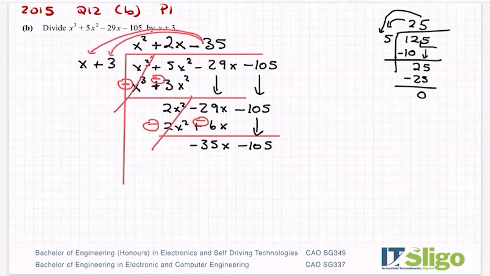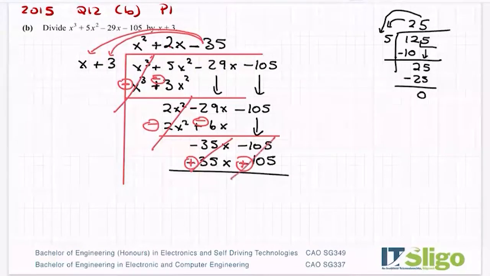So minus 35 by x is minus 35x. Minus by plus is a minus. 3 times 35 is indeed 105. So change the sign, and you'll get minus 35x plus 35x cancels, minus 105 plus 105 cancels, and I get 0 at the bottom.